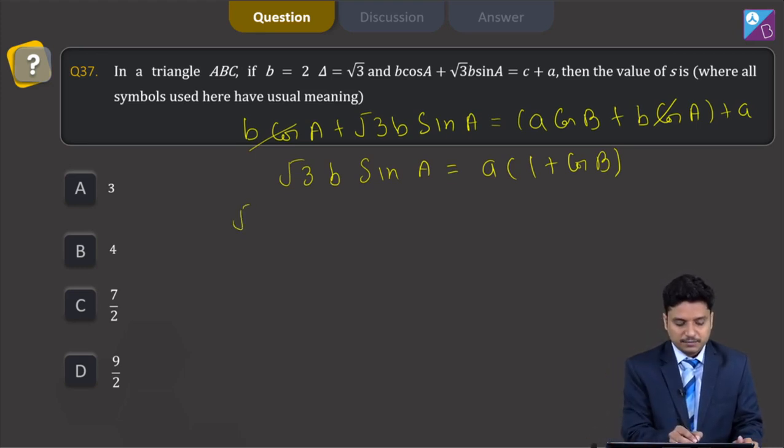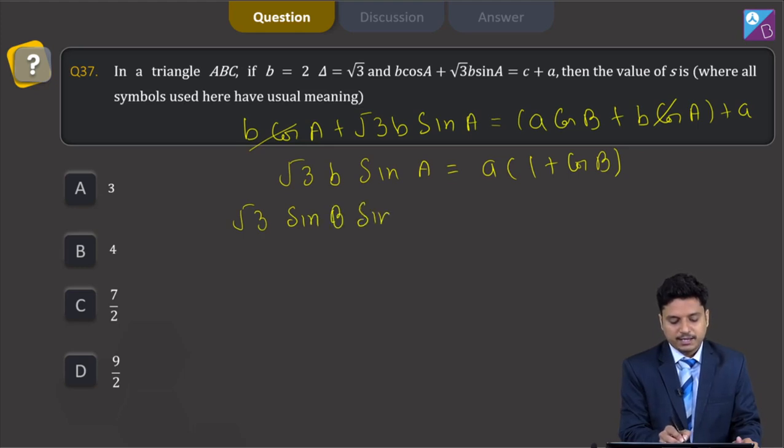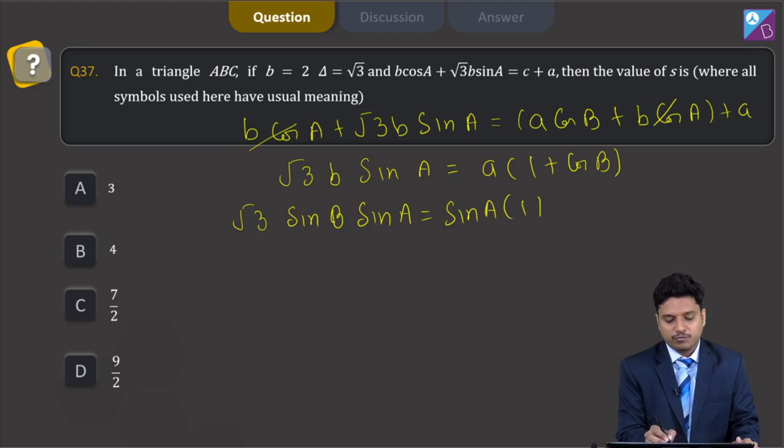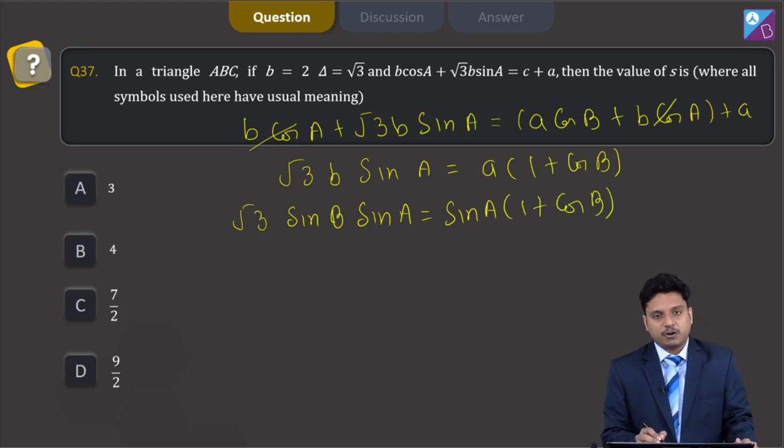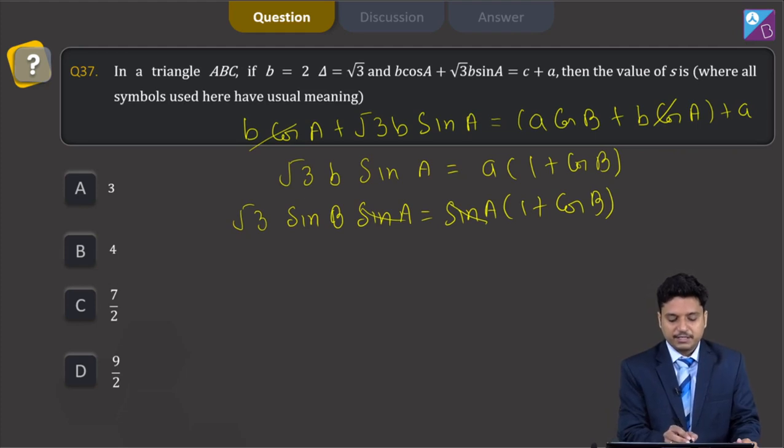So root 3 sin b into sin a can be written here as sin a into 1 plus cos b. Now obviously sin a cannot be equal to 0 for any triangle, so sin a gets cancelled simply, and we are left with sin b upon 1 plus cos b is equal to 1 upon root 3.